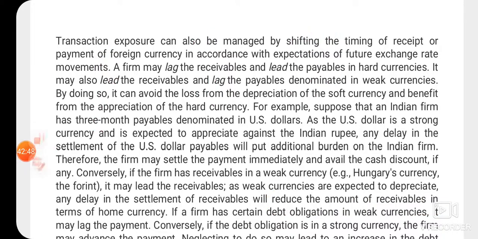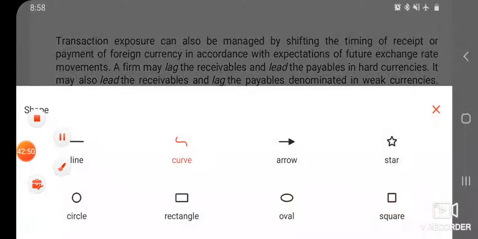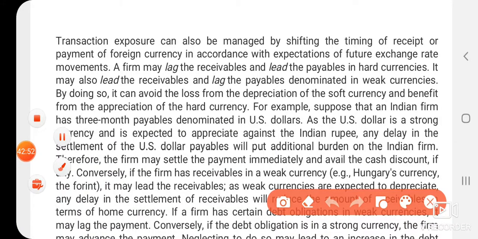By doing these two things, they can avoid the loss from the depreciation of the soft currency. Say our Indian currency's value is very low compared to developed countries. To avoid such losses, they follow this leading and lagging strategy, because when our currency depreciates, we get losses.